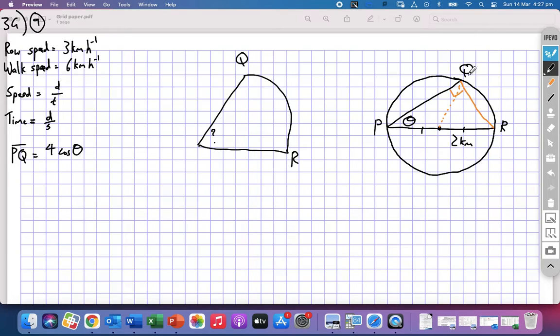That's like the circumference of a circle, yeah? But just some fraction of the circumference. So circumference is 2 pi r. But we only want a fraction of it. It's some angle divided by 2 pi. Okay, so what is this angle in here?